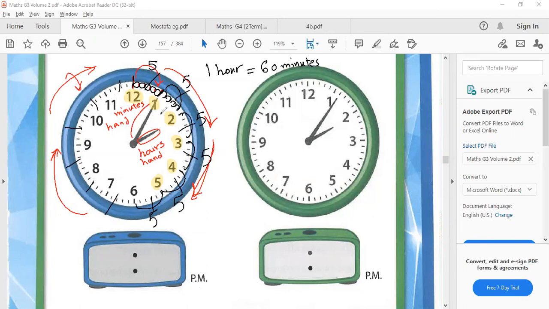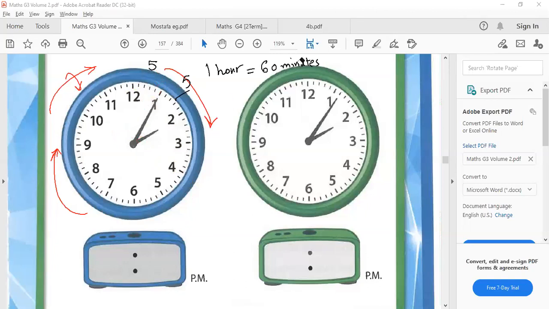So we have two steps, as we said before, to read the clock, to say the time. Firstly, I need you, please, to look to the short hand. The hour's hand is very important.